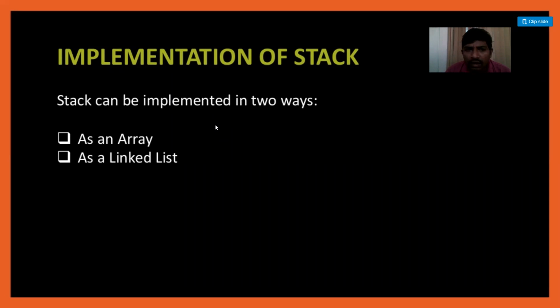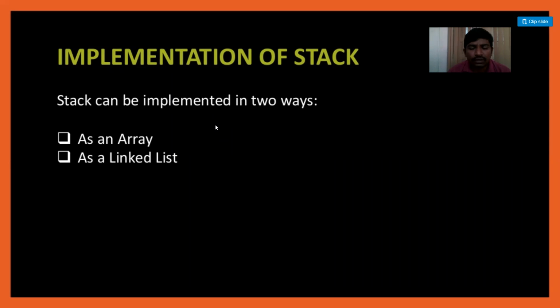What is the rule to implement that stack? A stack is a linear data structure. It follows the rule last in first out, and the operations are push, pop, get top, is full, is empty.